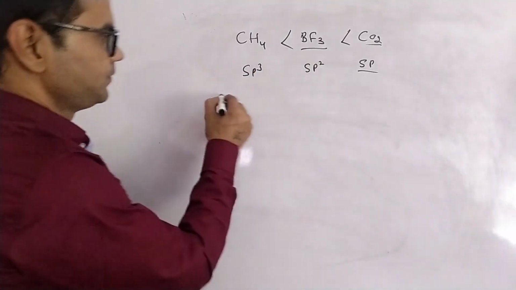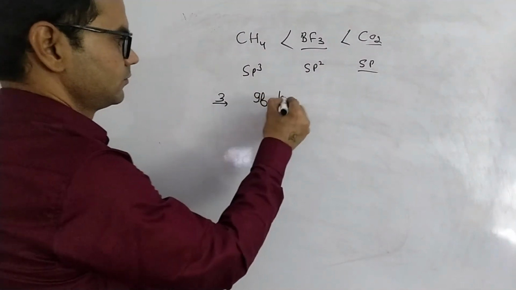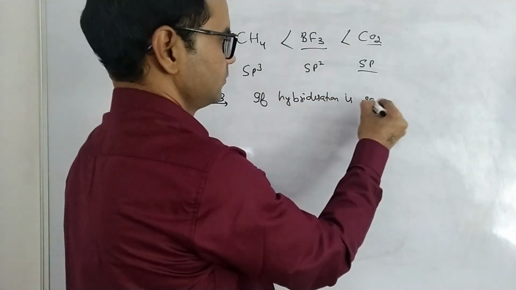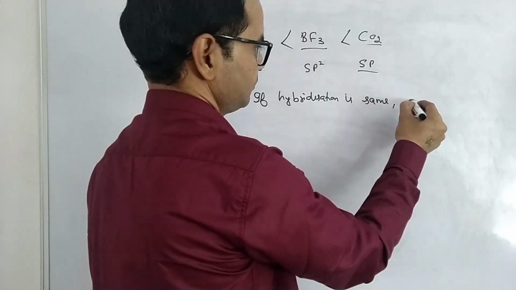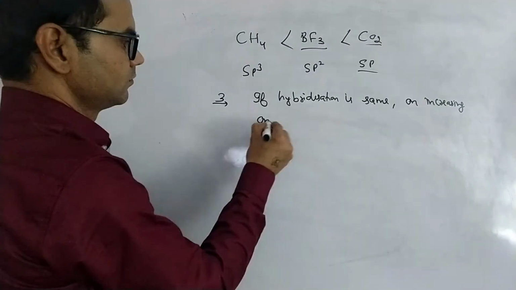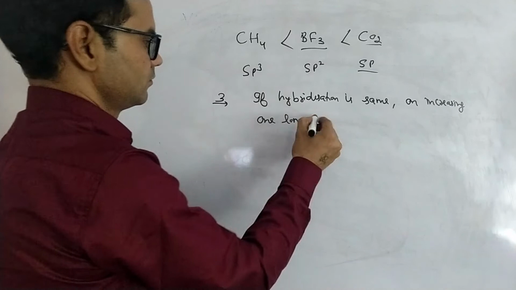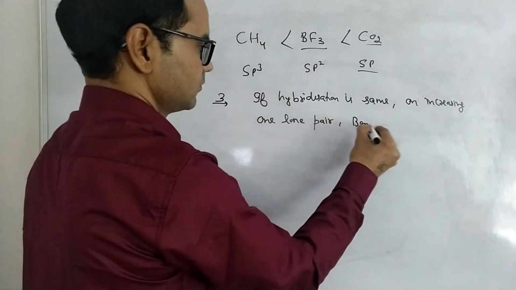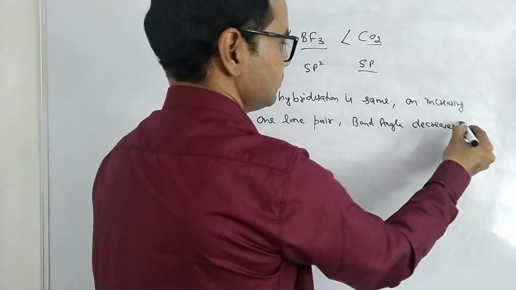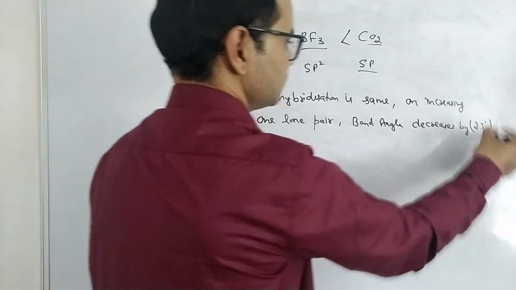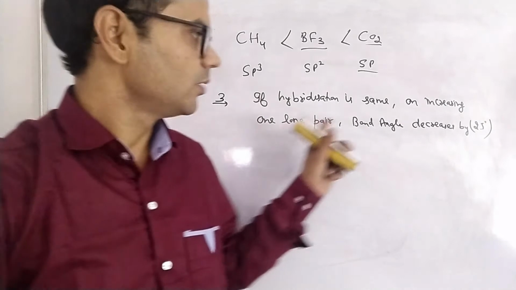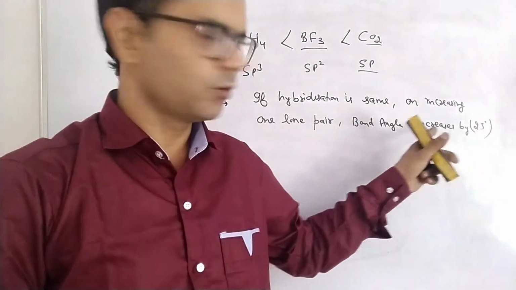Rule number three. If hybridization is the same, on increasing one lone pair, bond angle decreases by approximately 2.5 degrees.